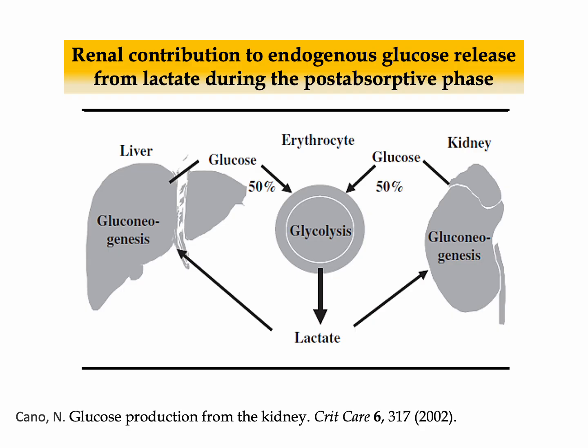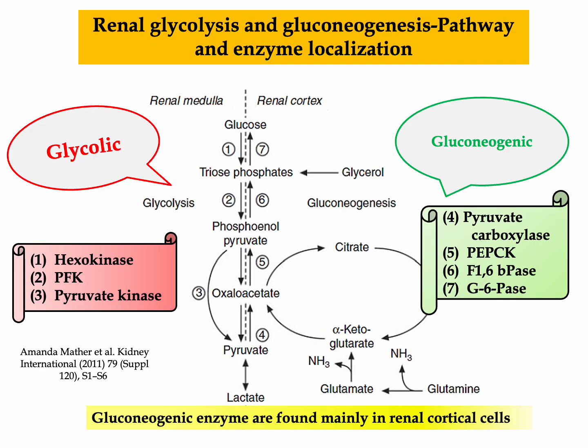Now, just to emphasize the contribution of the kidneys during the post-absorptive phase, typically overnight or between meals, the kidney plays a significant and often underappreciated role in maintaining blood glucose level through renal gluconeogenesis. Now here you can see the renal glycolysis and gluconeogenesis pathway and enzyme distribution.